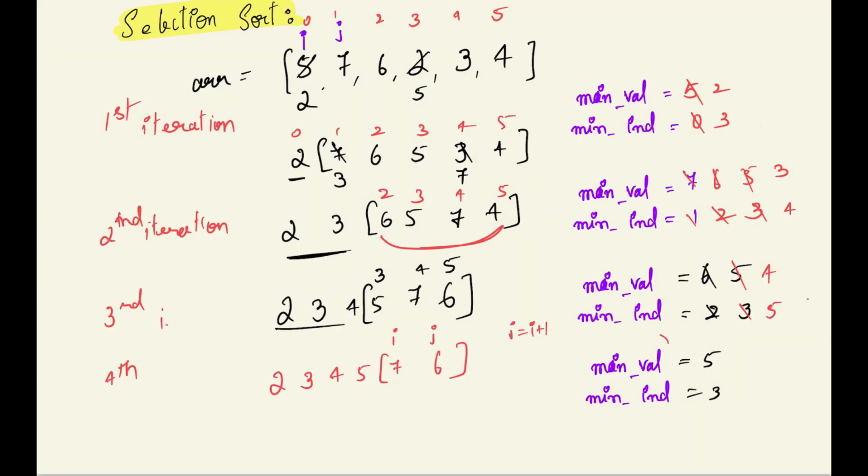Now we'll place min value as 7 and min index as the ith element, that is 4. Now we'll check these two. We find 6 is smaller, so update the min value, that is 6, and the min index, that is 5. So now we have to exchange these two elements.